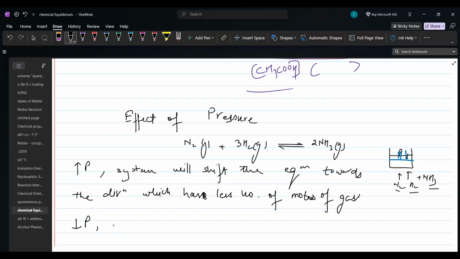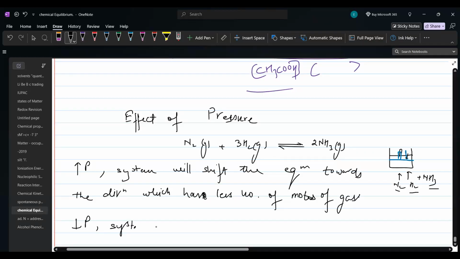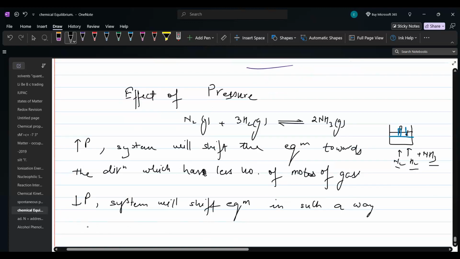So if we decrease the pressure, the system will shift the equilibrium in such a way where more number of gaseous moles is formed.